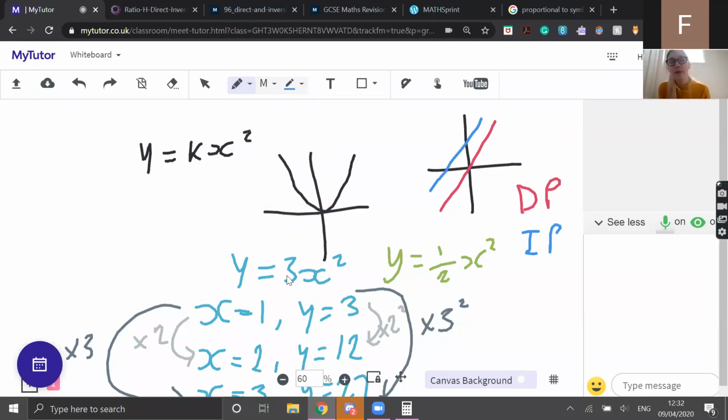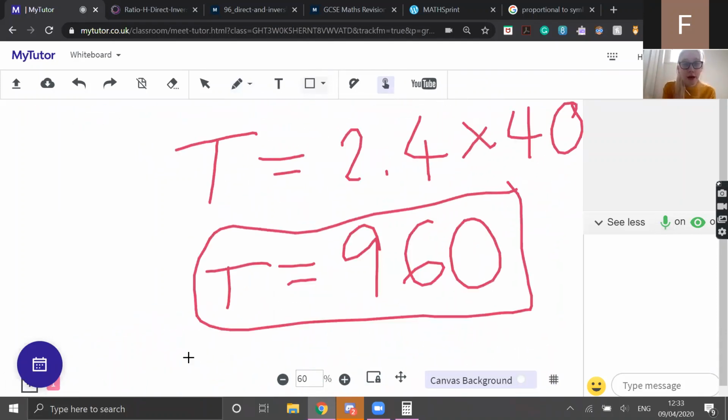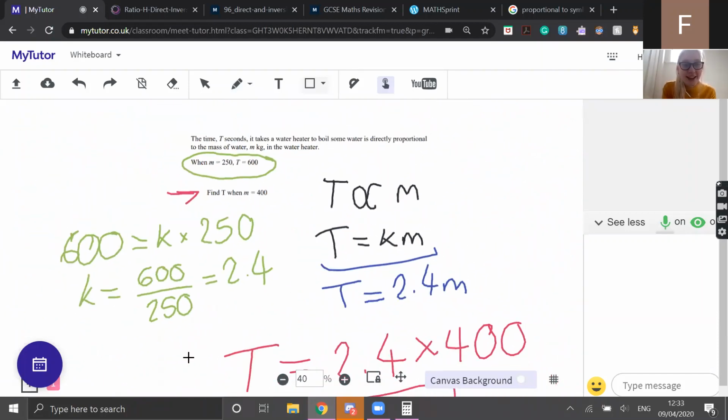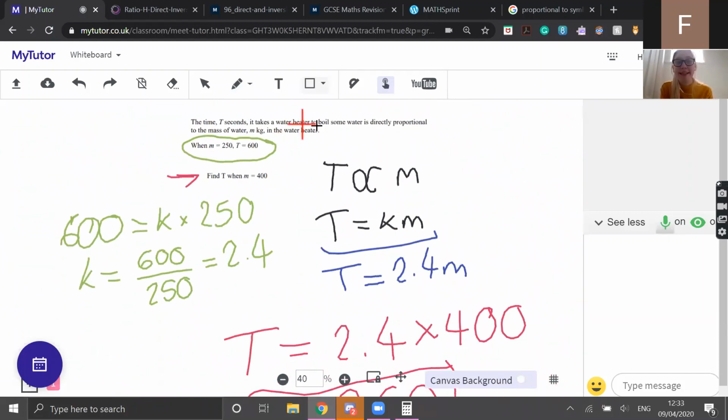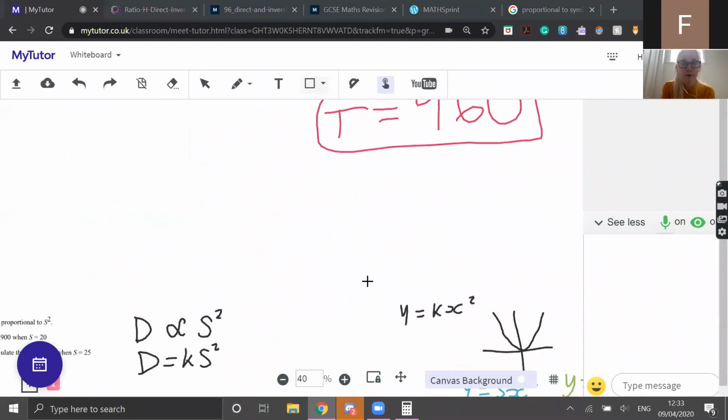I don't know if you need to know that, but it's pretty interesting. So there's this kind of offset thing. A lot of common cases will be directly proportional. For example, with our question up here, which was about the time taken to heat water based on the mass of water, obviously if you have 0 kilograms of water, it's going to take 0 seconds. So that is directly proportional. That's normally how you can tell. Okay, cool.